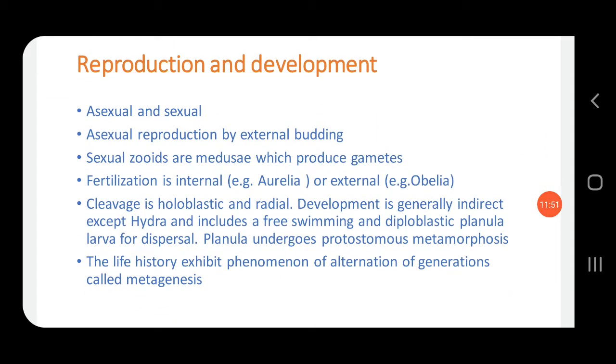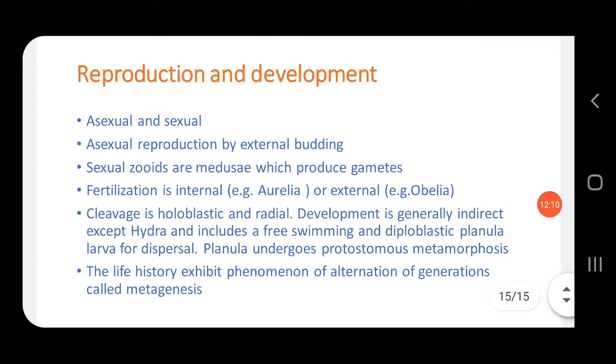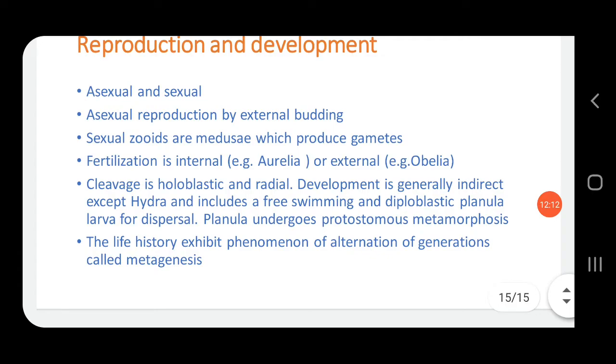Reproduction wise, both asexual as well as sexual reproduction are present. Asexual reproduction occurs by external budding, while sexual zooids are present in the form of medusae, which produce gametes, and these gametes may fuse internally as well as externally.